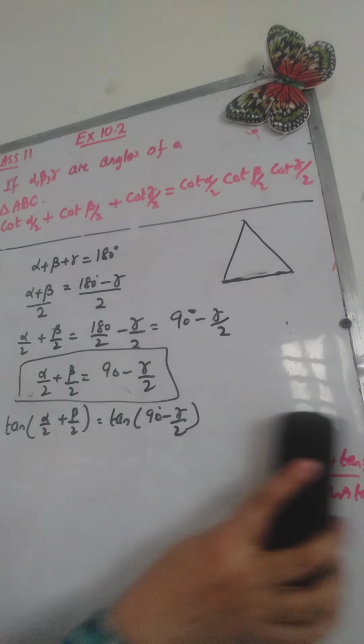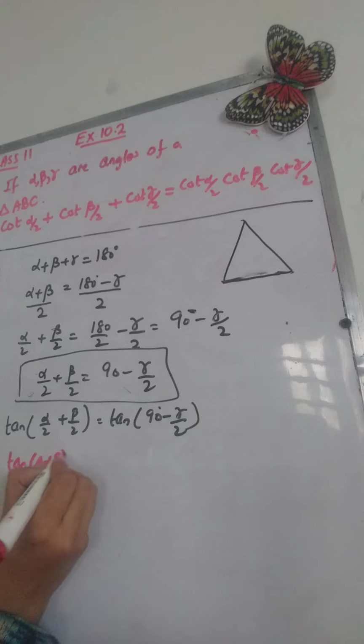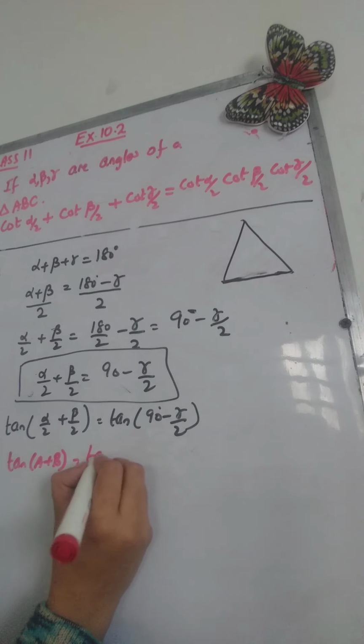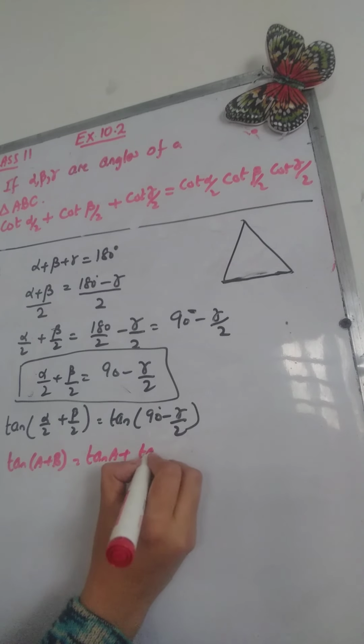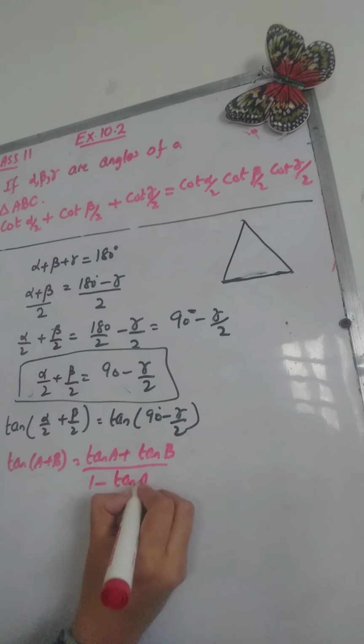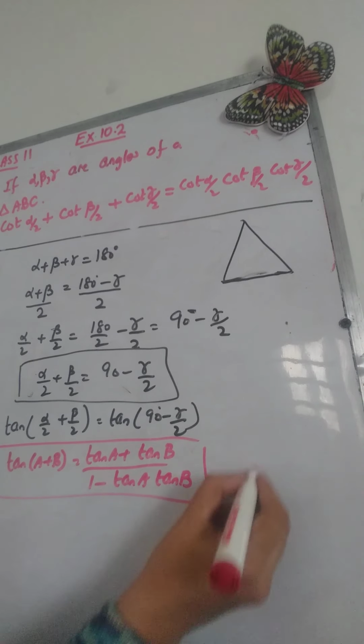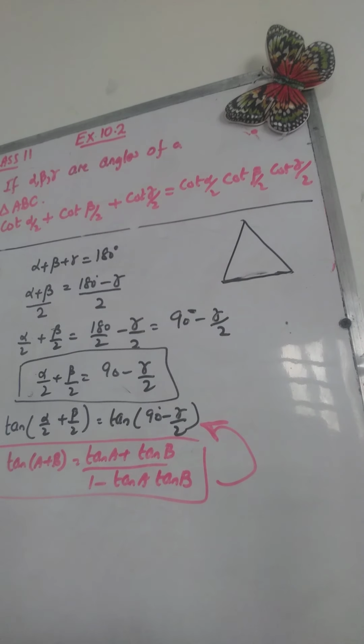Let me write it in the center so you can see. We know that tangent a plus b is equal to this identity that I am going to use over here.